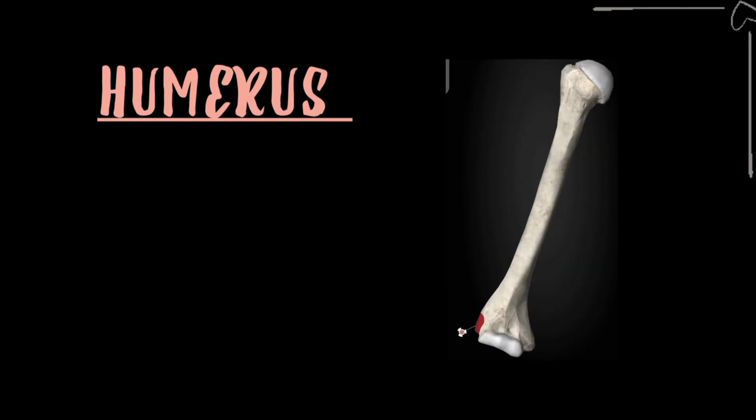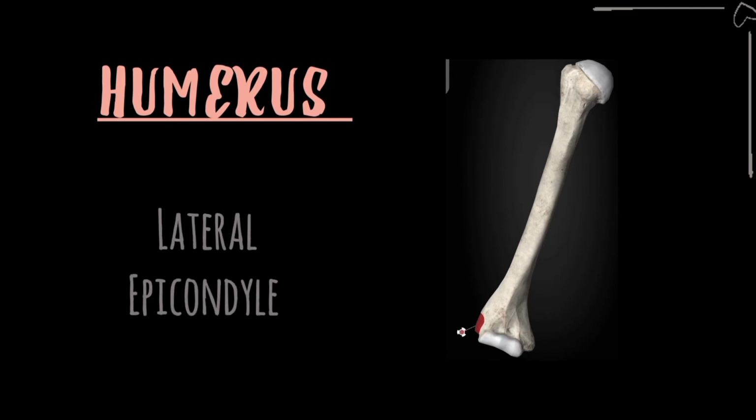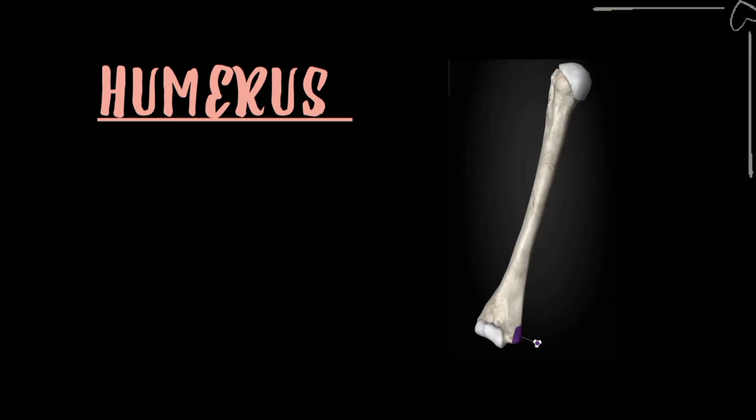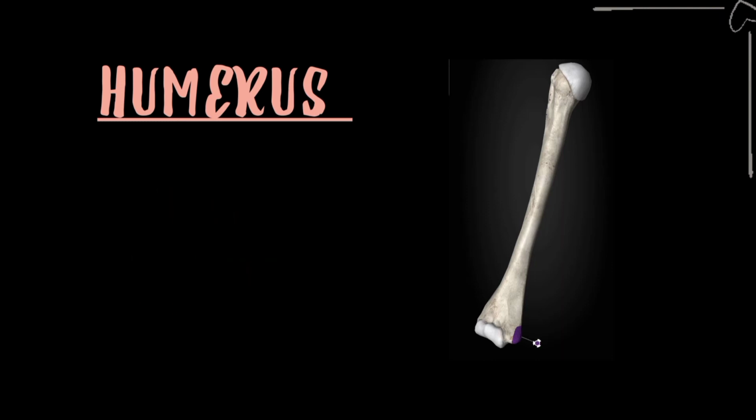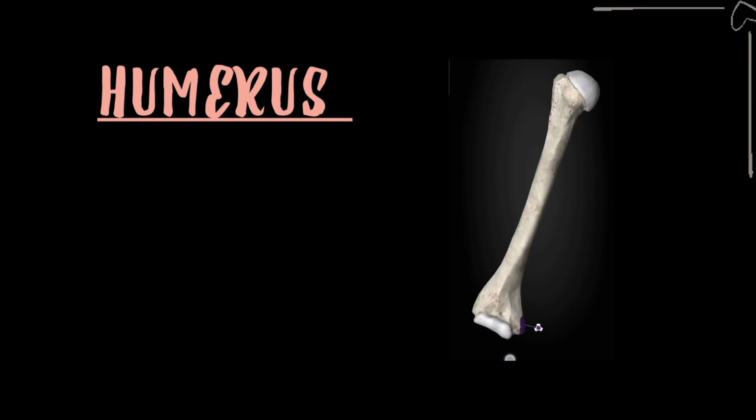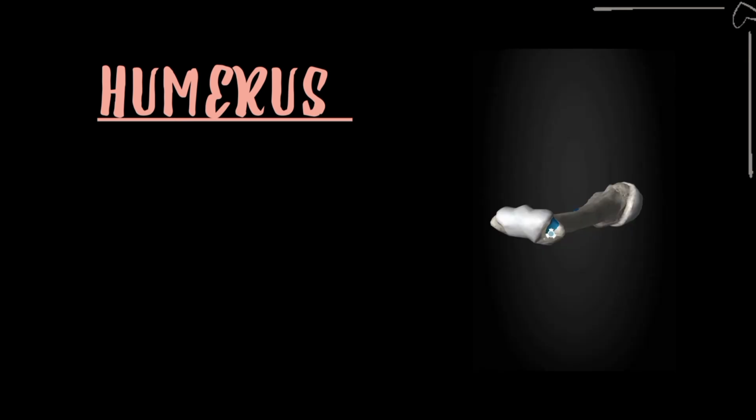The epicondyle over the lateral side is termed as the lateral epicondyle, and this purple marked area is termed as the medial epicondyle, which is located on the medial side. You can see that the medial epicondyle is much larger than the lateral epicondyle. So the medial epicondyle is bigger than the lateral epicondyle.